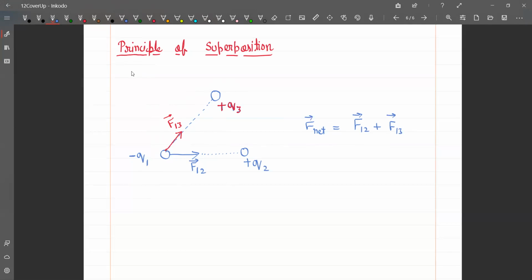The principle of superposition simply states that net force is the sum of individual forces, added vectorially, added as vectors.